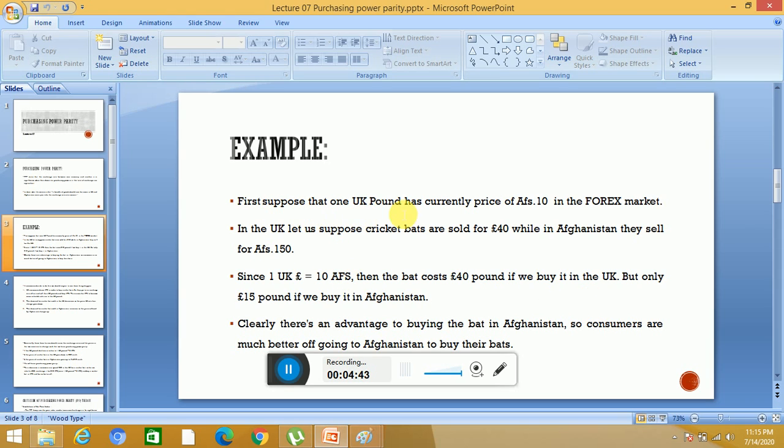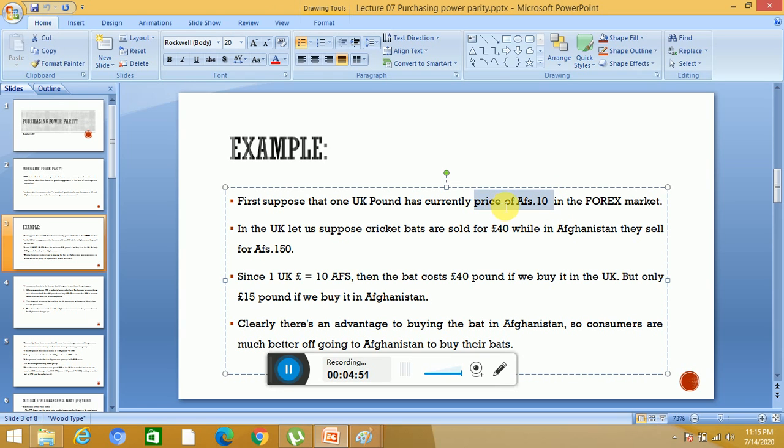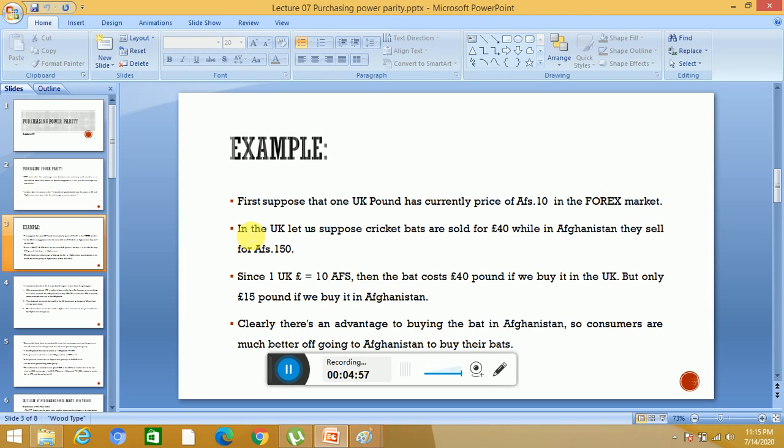Suppose 1 UK pound currently has a price in Afghanistan. It is just a consideration. 1 UK pound is equal to 10 Afghanis in the forex market. In the UK, let us suppose cricket bats are sold for 40 pounds, while in Afghanistan they sell for 150 Afghanis.